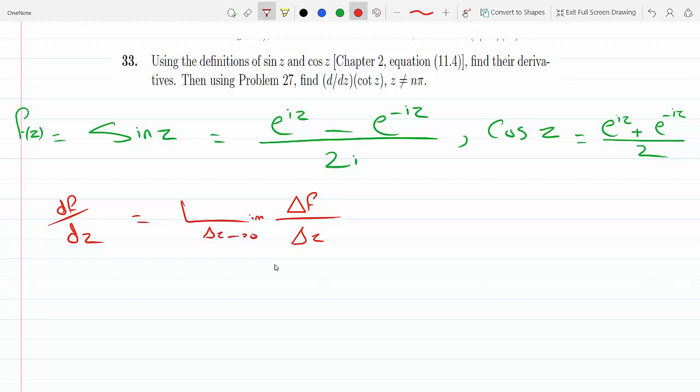Okay, now what's delta f? Delta f is f of z plus delta z minus f of z, right? Over delta z. Well, z is x plus iy, so delta z will be delta x plus i delta y.